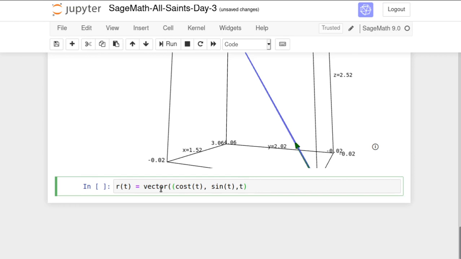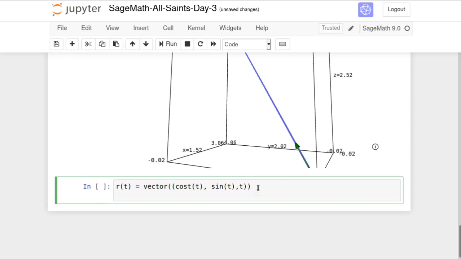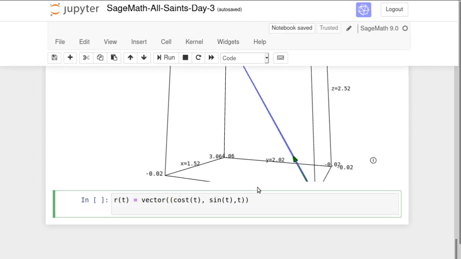Second, third, and fifth semester students will be able to understand that this vector equation represents a curve. Can somebody answer?